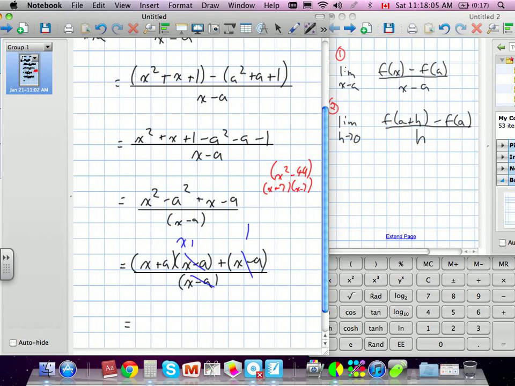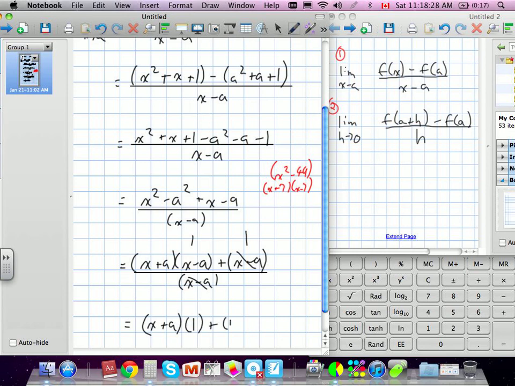Wait, it's 2a plus 1. So when we factor these out, this will become a 1, and this will also become a 1. So we'll have x plus a times 1 plus 1, divided by technically 1.